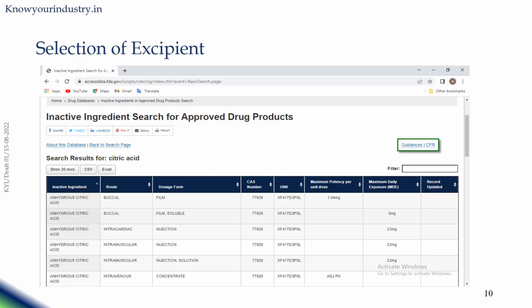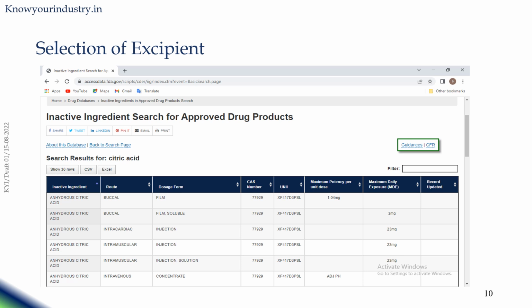Let us look at the inactive ingredients database, which is there in the public domain. You can get it with respect to your dosage form. For example, we have presented acetic acid here. Acetic acid also is available in different forms, anhydrous and citric acid monohydrate, and it is also being used in various dosage forms: buccal, intramuscular, intracardiac, and certain kinds of tablet forms also.